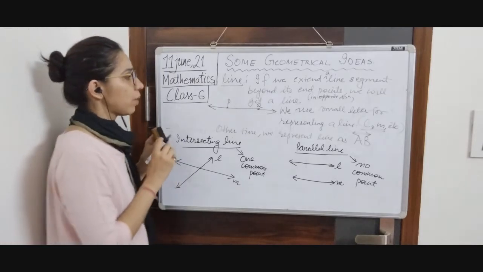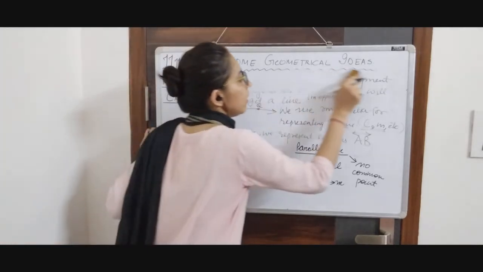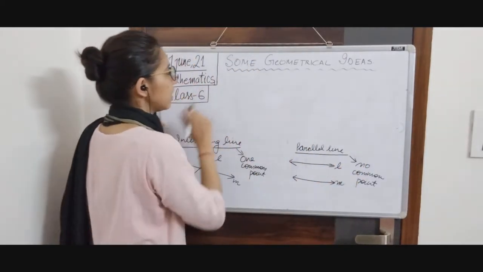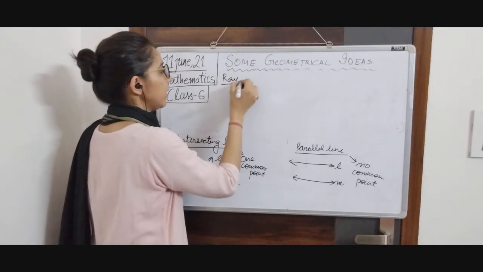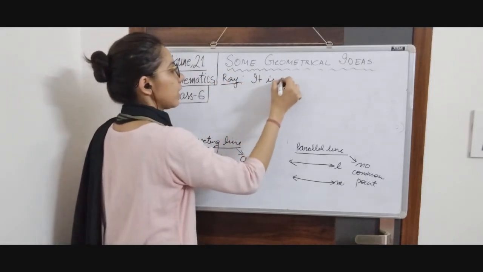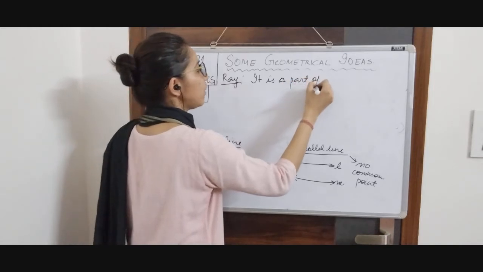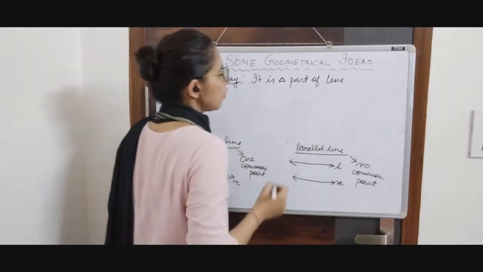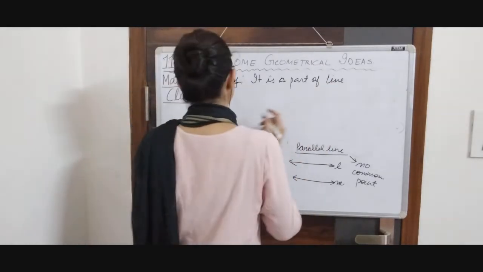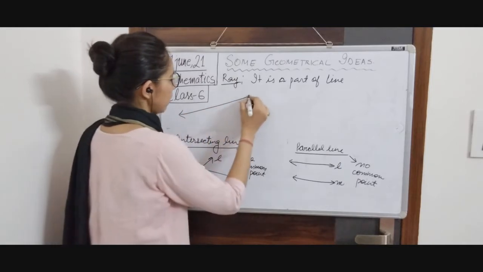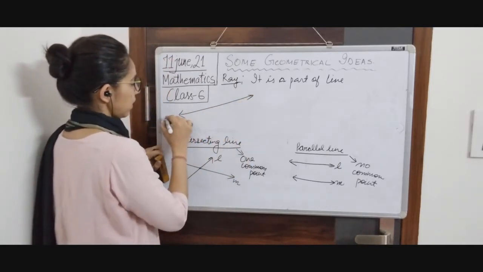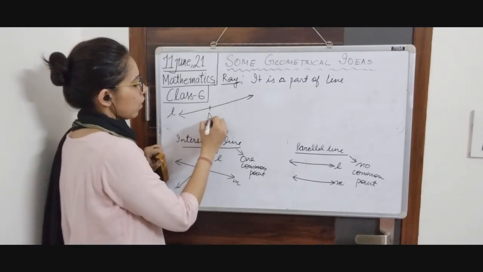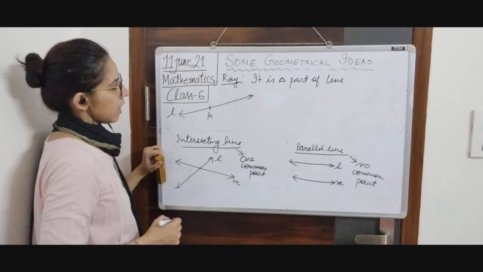Next we will talk about a ray. A ray is a part of a line. Okay? Now we are talking about ray. Suppose we have a line L. We will put a point on this line.